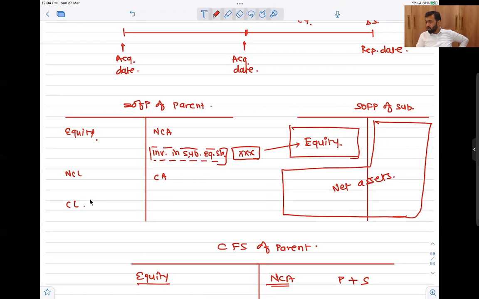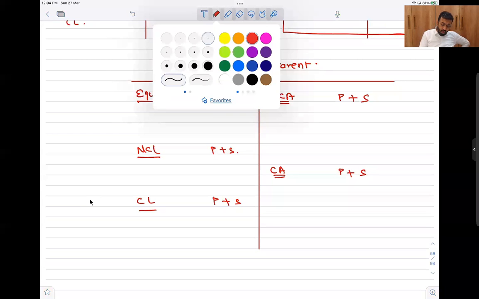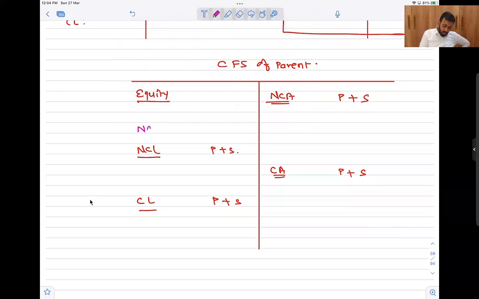If possible, all of you keep your videos on. I would like to communicate with you. So this will happen, but the important point is this: there is also NCI in this, because if you do not have the entire profit share, you will also have NCI parked here, because for a subsidiary you will consolidate 100%.